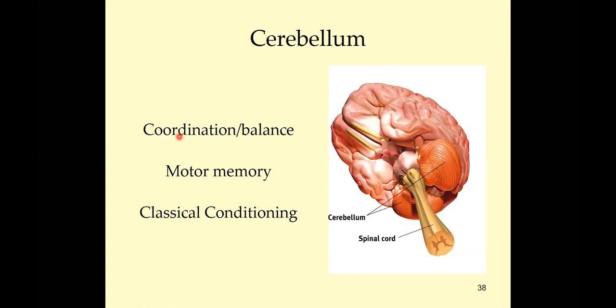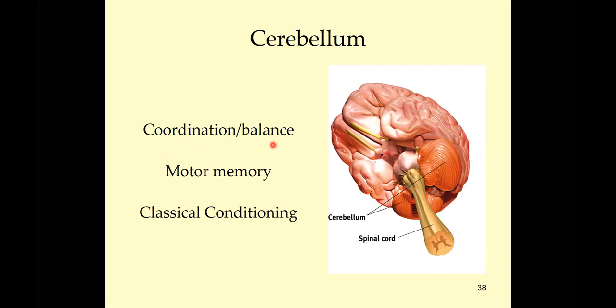Then we have the cerebellum. And so this is very important for our coordination and balance. If it's damaged, we may have problems with these type of abilities, and the person might have difficulty with coordination.